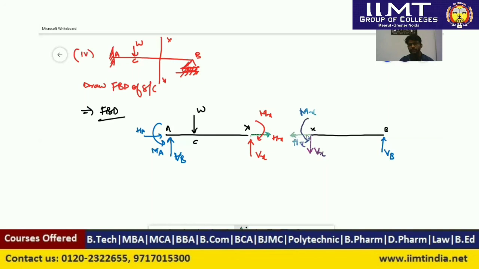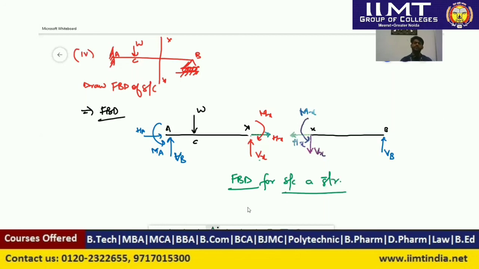Similarly, we have to draw HX in the direction towards left, and the vertical force is acting in upward direction at this point, and at the other point we have to draw the vertical force in downward direction. Moment here is in clockwise direction, and moment at this point is anti-clockwise. So this is the free body diagram for the section of a structure.